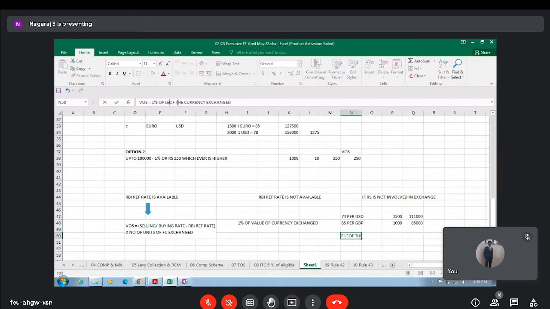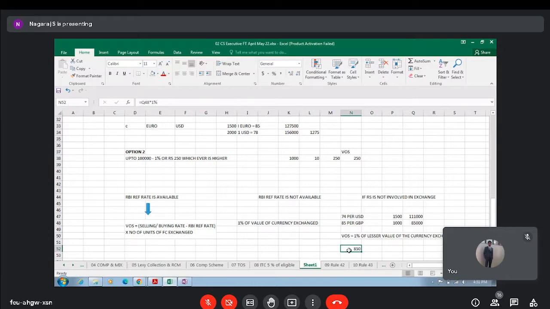You can write like that. How much? 1% of 85,000. 850 is your value of supply. Understood? Yes, sir. Easy, right? Everything will be given.